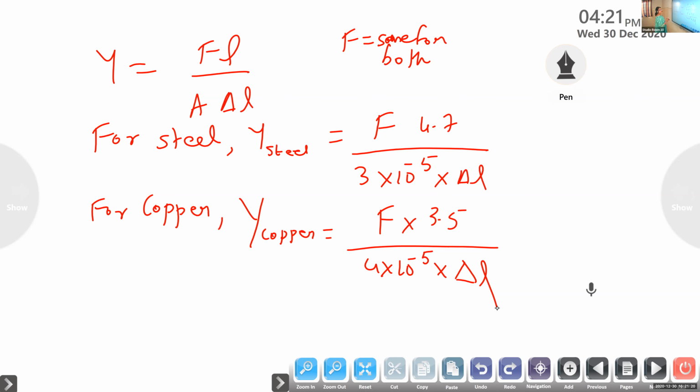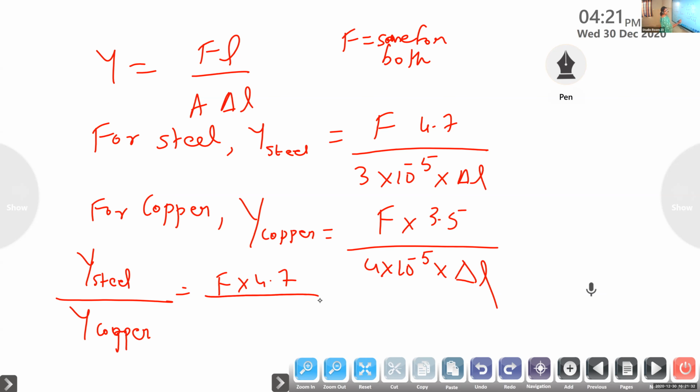So our question is to find the ratio. So we can write it now, Y steel divided by Y copper. If you apply that, the same things get cancelled when you take the ratio.